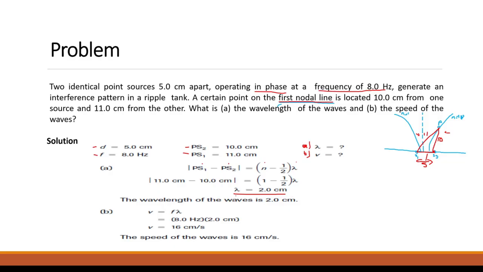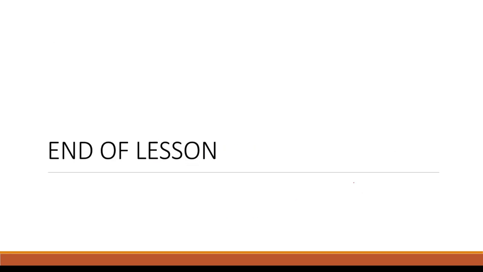Once we have our wavelength, it's very easy to get speed from our universal wave equation, v equals f lambda. We have our frequency and we just found the wavelength, so it's very simple to find the speed. Plug in our values, and we get 16 centimeters per second. And that's going to be the end of the lesson today.